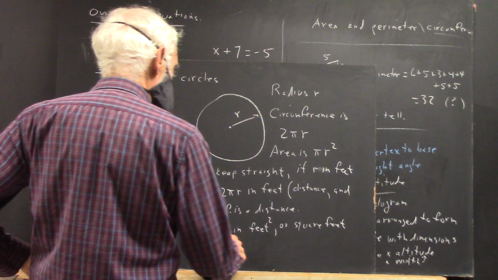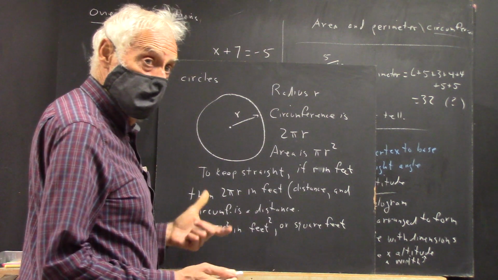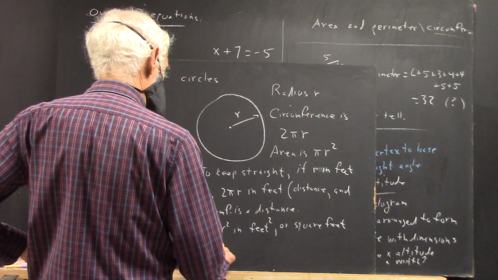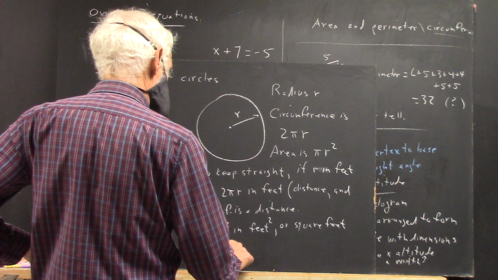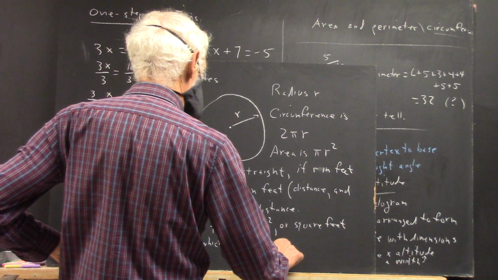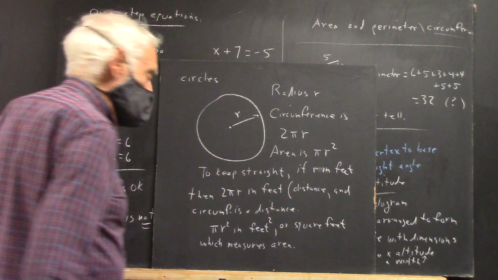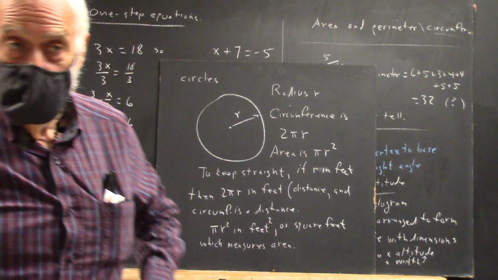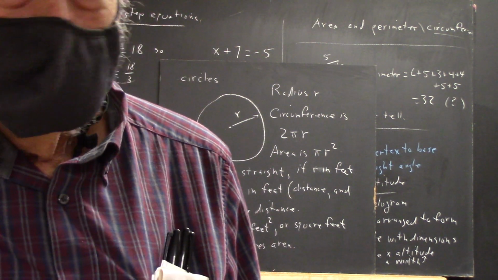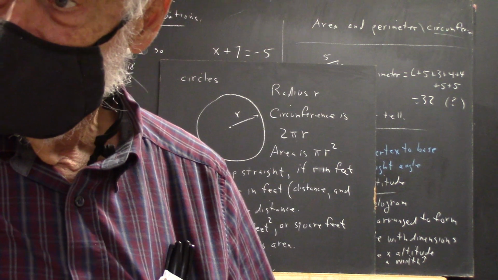This is in square feet because you're squaring r, you're squaring the feet. And that measures area. So there's a reason you want to use pi r squared for area and 2 pi r for circumference.